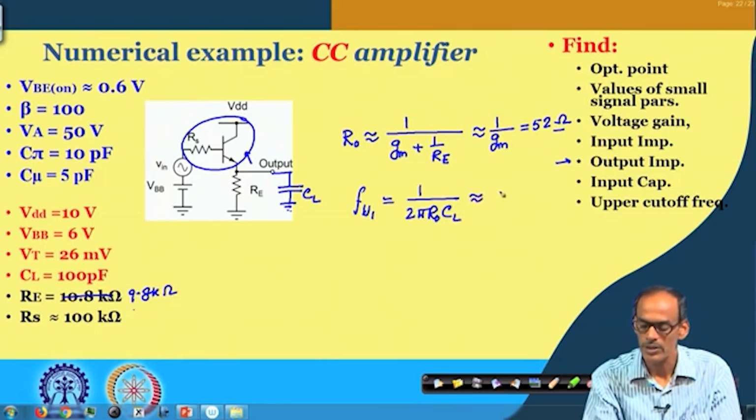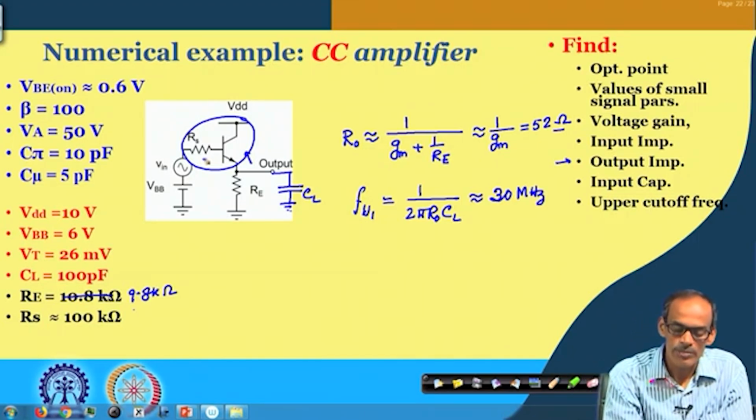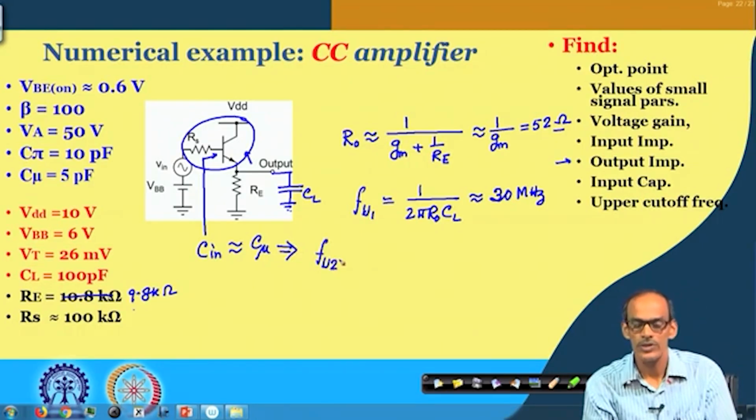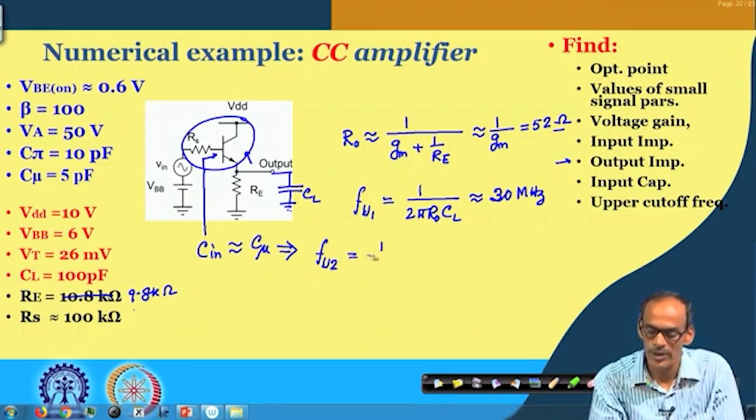This is remaining very close to 30 megahertz. And then if I consider the input capacitance, again C in is still well approximated by C mu, and hence f U2, the second option for the upper cutoff frequency, is 1 by 2 pi R s and C in.